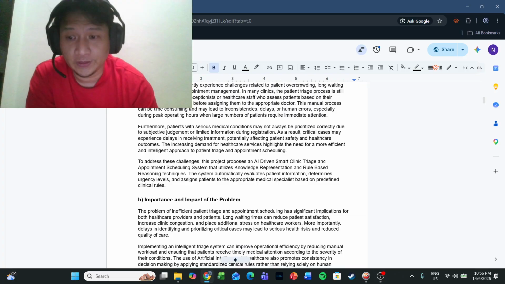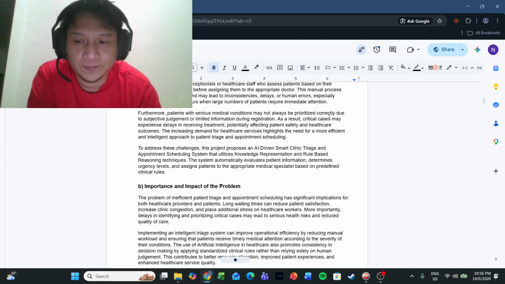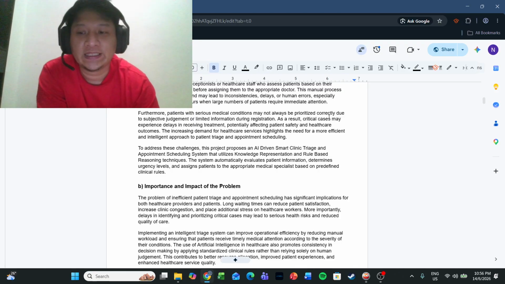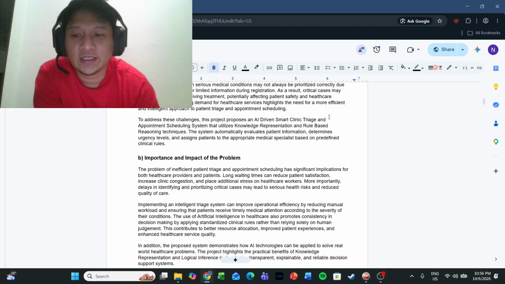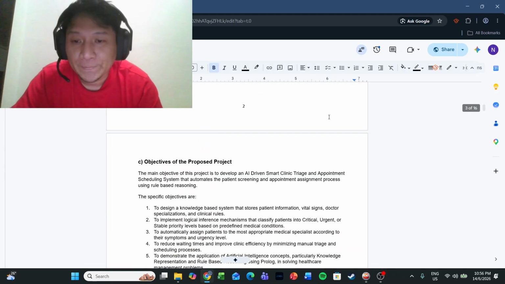To solve this problem, we developed a system that uses artificial intelligence to assist with patient triage and appointment scheduling. The system collects information such as the patient's age, symptoms, blood pressure, and body temperature. It then analyzes the data using predefined medical rules.